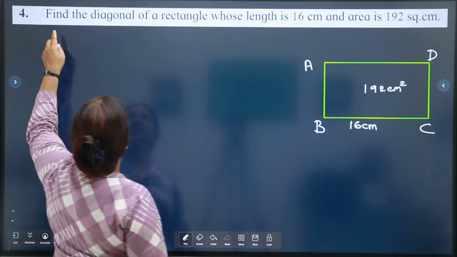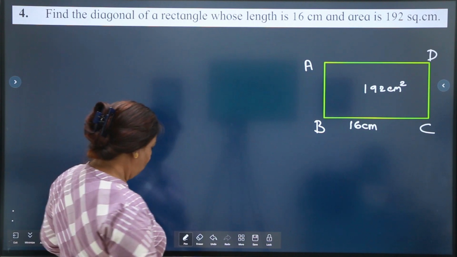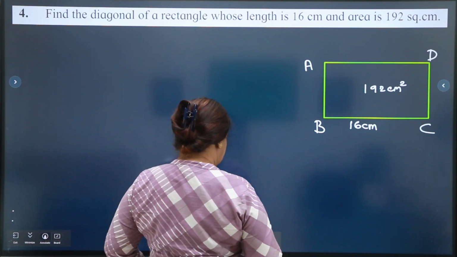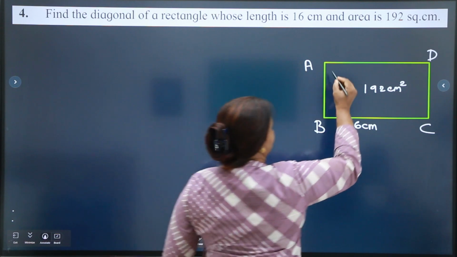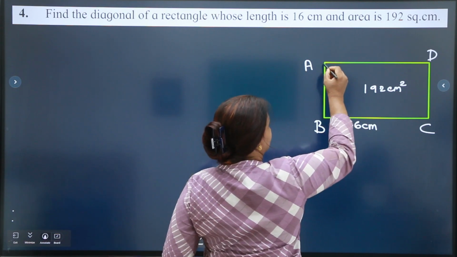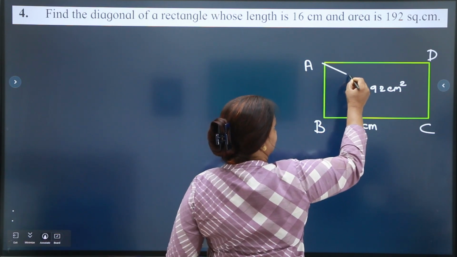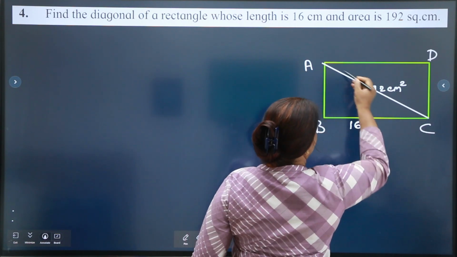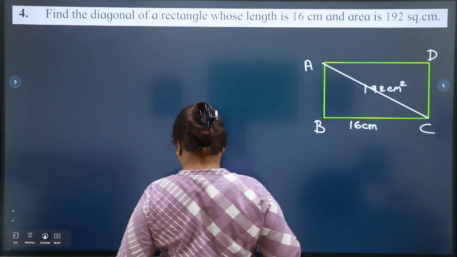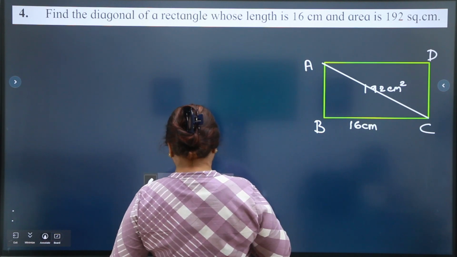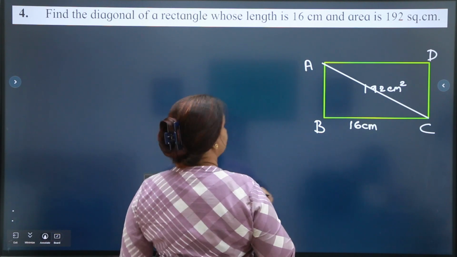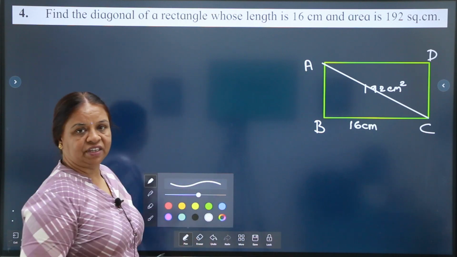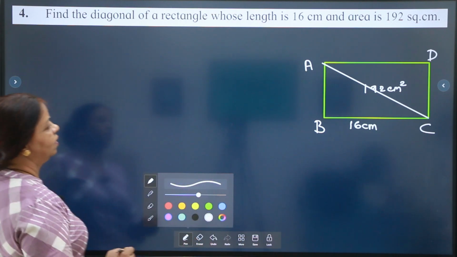So we have to find out the diagonal. What is the meaning of diagonal? Diagonal means when you join the opposite vertices, the line is known as the diagonal of the rectangle. So we want to find out diagonal AC.